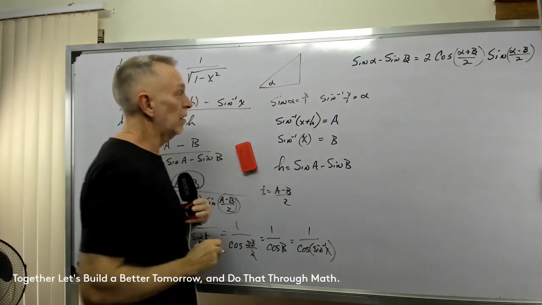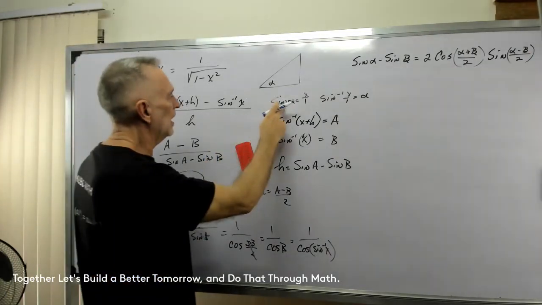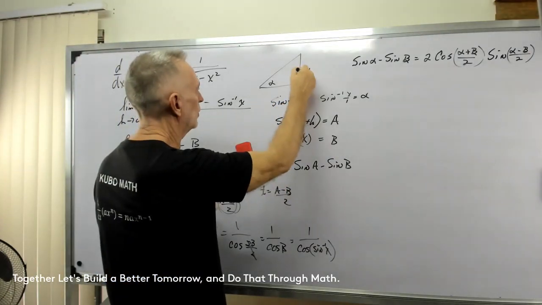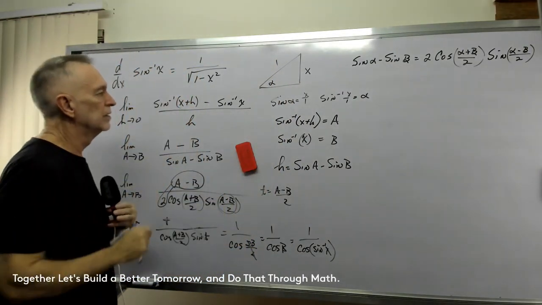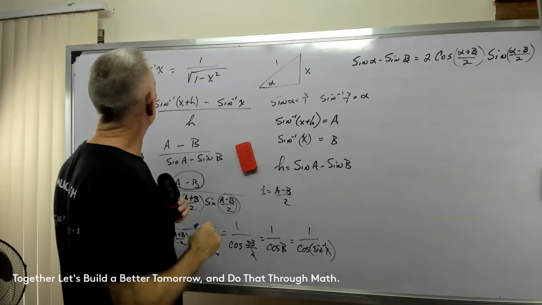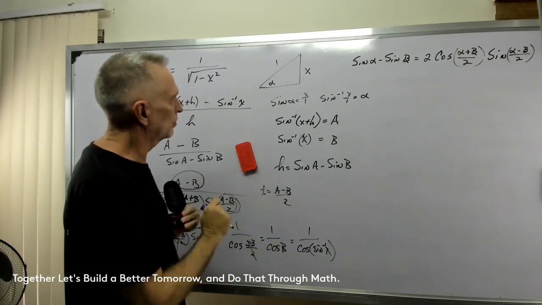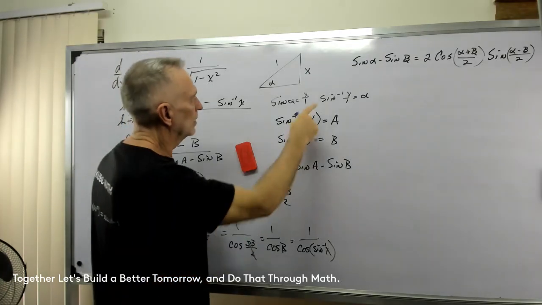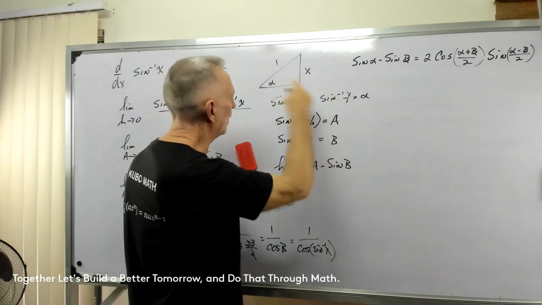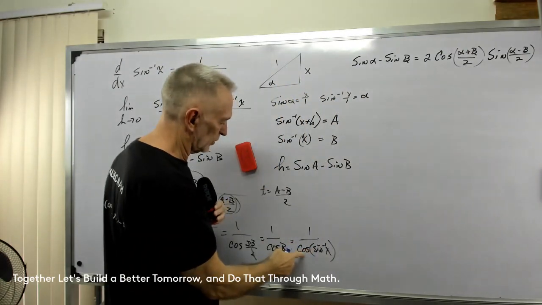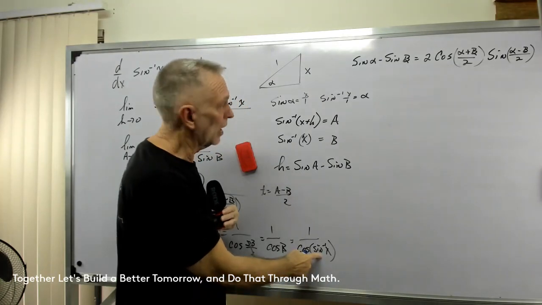So if that's alpha, that's my angle, it's saying that sine of alpha was x over 1. 1 was implied here. Okay, so what does that mean from a cosine perspective? And by the way, the sine inverse of x over 1 is the angle itself.